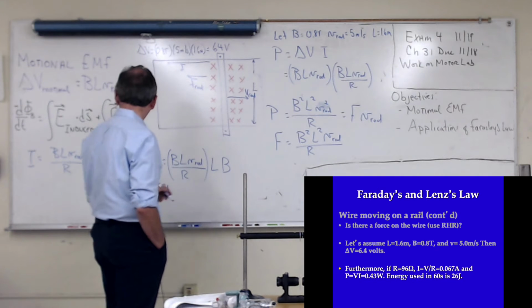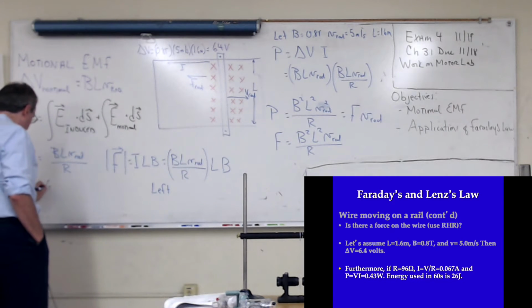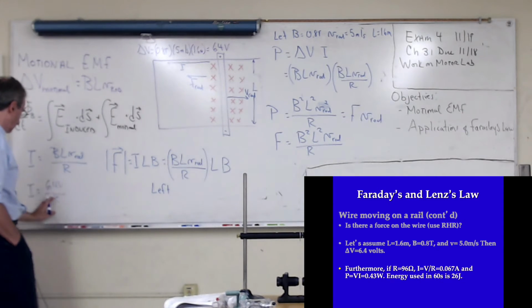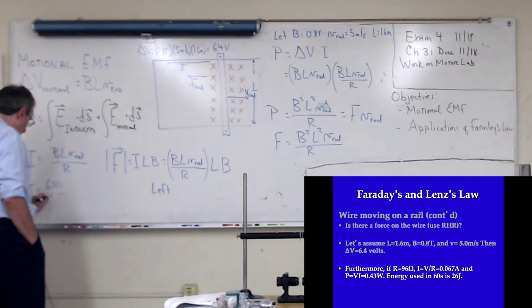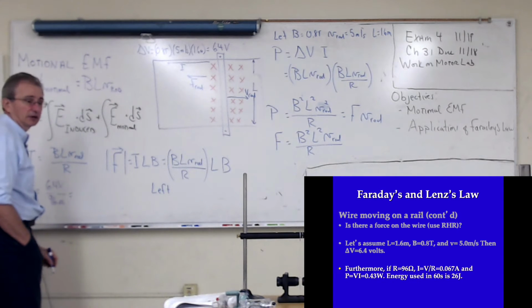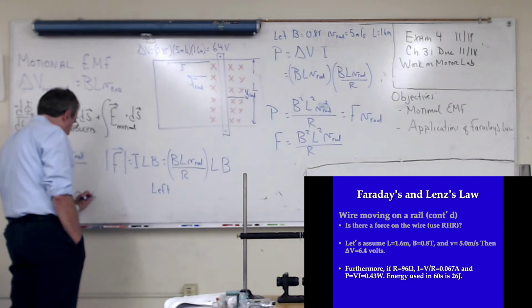My current is going to be 6.4 volts over R. Let's say R is 96 ohms. This gives us a current of 0.067 amps.